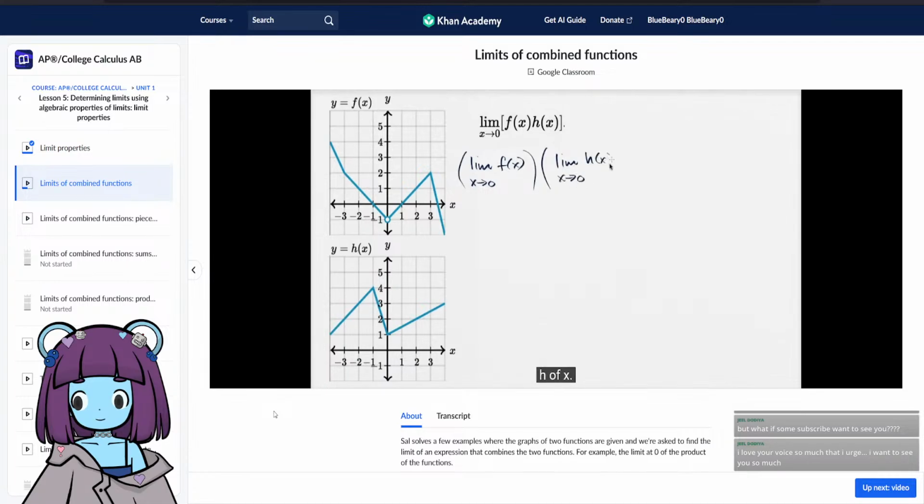Zero of h of x. Let's think about what these are. Let's first think about f of x as x approaches 0. Approach from the left.